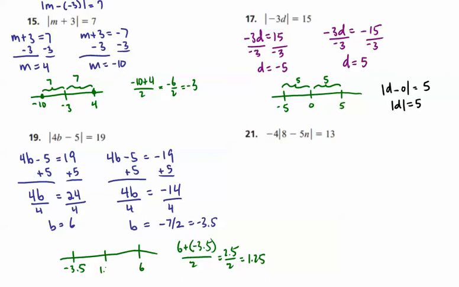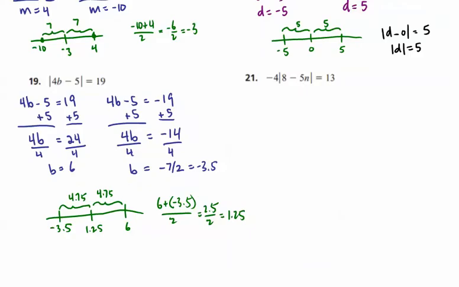So our center would be 1.25, and calculating the distance between negative 3.5 and 1.25, we'd get 4.75. And you can do that by subtracting 1.25 minus negative 3.5, or by subtracting 6 minus 1.25 on the other side. And you'd see that you still get 4.75 as well.